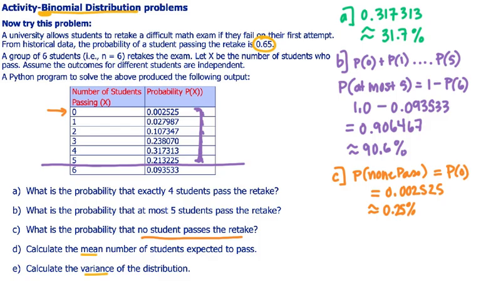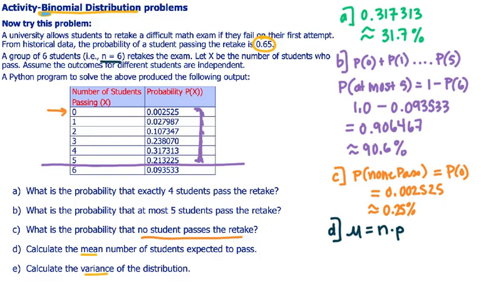So now we get to the meat of the question, which is kind of a shortcut way for calculating mean and the variance. When we have a binomial distribution, we won't need to make all those extra columns like we did in the previous question. It turns out that you can find the mean when you have a binomial distribution if you just know the n, which is the number of trials, the number of opportunities for success and failure, times p, which is the probability of what we consider success in our specific experiment.